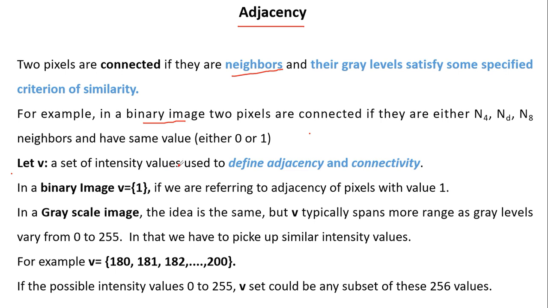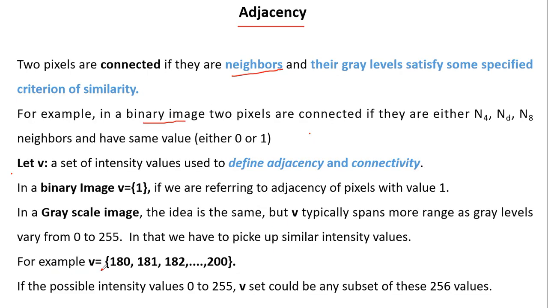V is a set of intensity values used to define the adjacency and connectivity. In a binary image, V equals 1 if we are referring to adjacency of pixels with value 1, but in a grayscale image the idea is the same, but V typically spans a larger range as gray levels vary from 0 to 255. So in that case we have to pick similar intensity values when we are finding the connectivity between the 2 pixels.